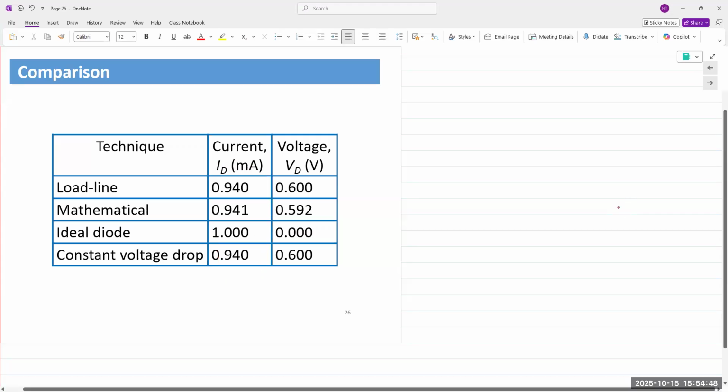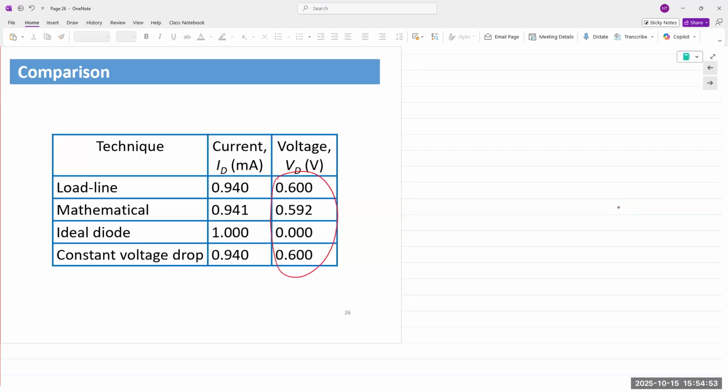Let's first look at the diode voltages. Constant voltage drop, we are told to use 0.6, so we use 0.6. Load line was an approximation, we still approximated at 0.6. Mathematical was the most accurate, so 0.592, still not too much of a difference, 0.59 and 0.6.